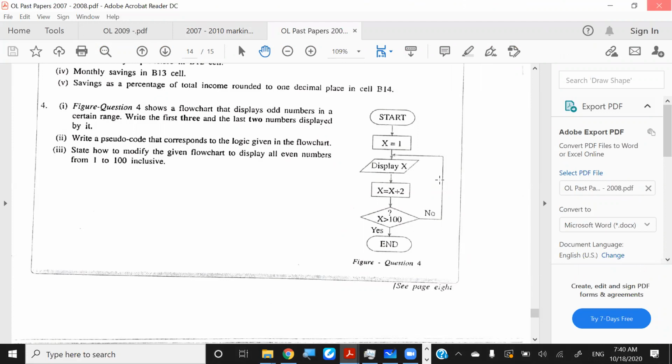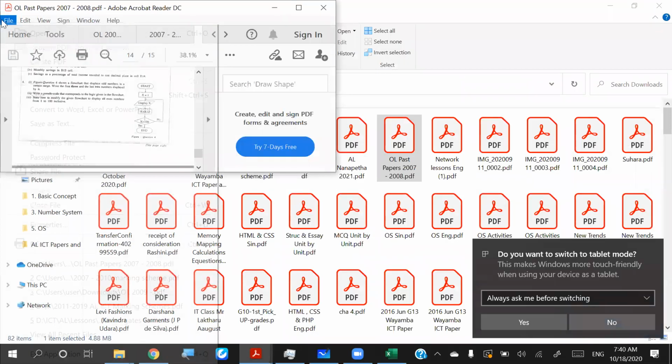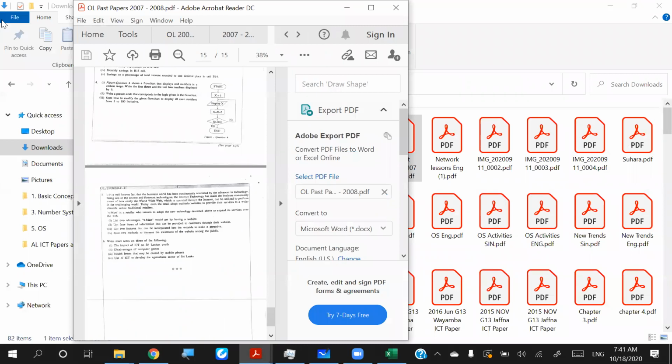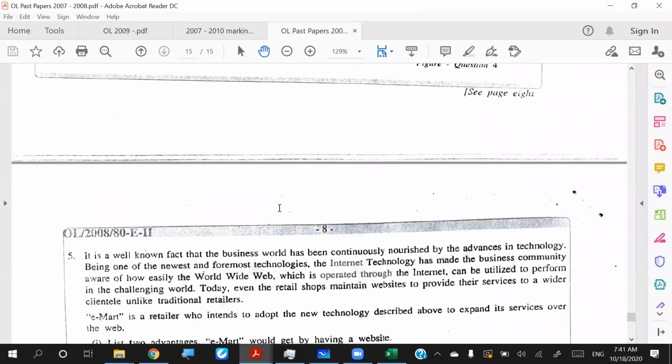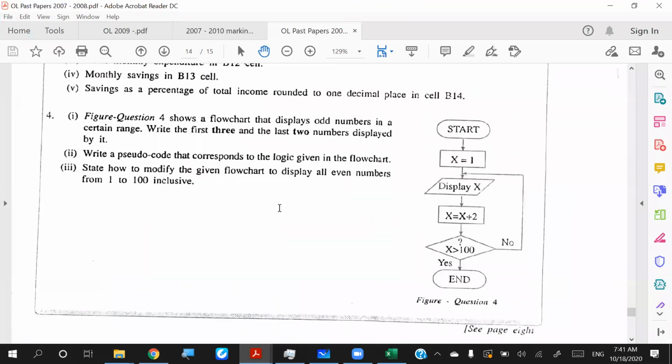Okay, to get to know about the first three and the last two numbers, we need to hand trace it, right? So let's hand trace it and see what's going to be there.